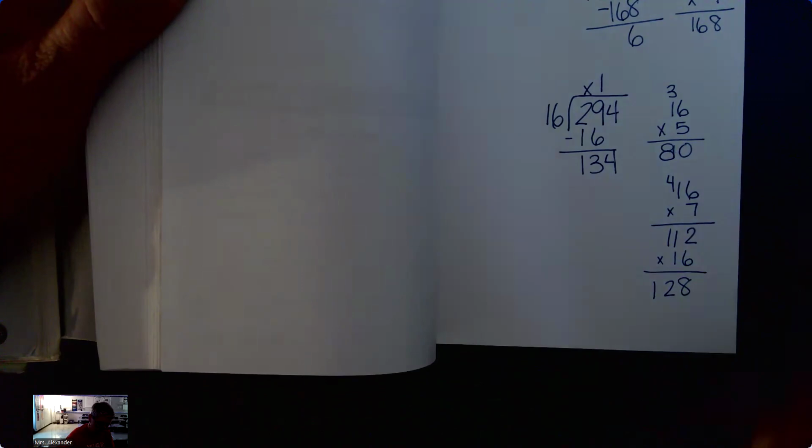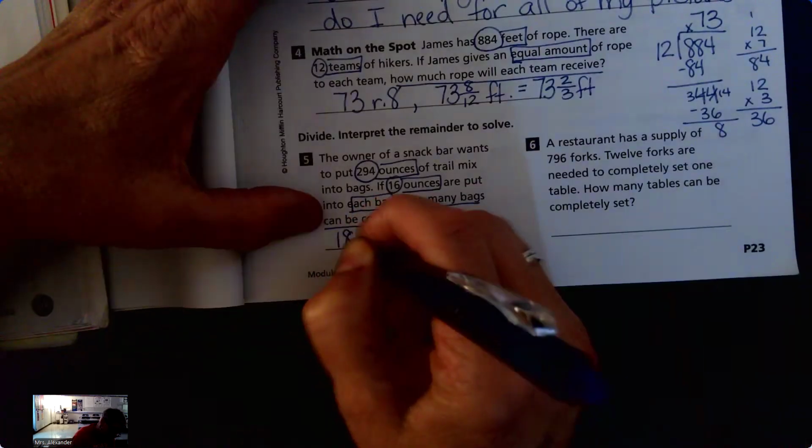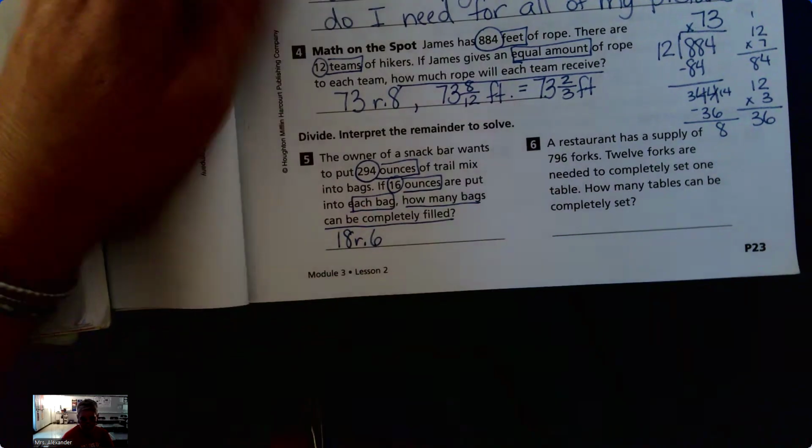So we had 7 and we did another, so that's 8. And we'll subtract the 128. So 14 minus 8, we'll have 6 left. Our answer is 18, remainder 6.